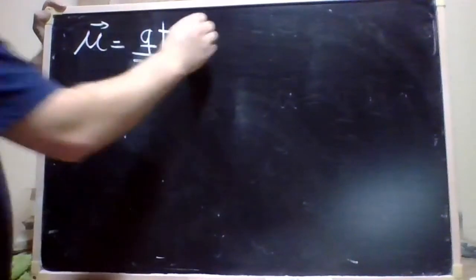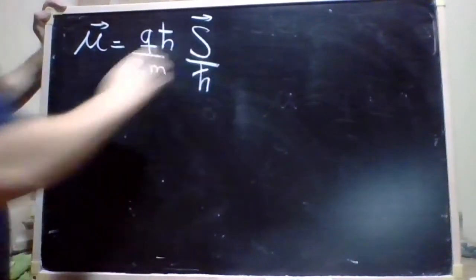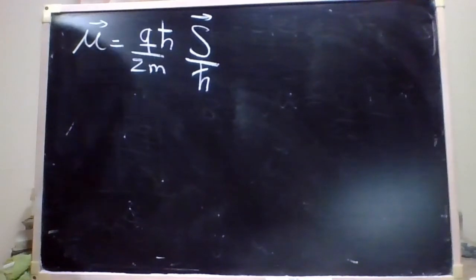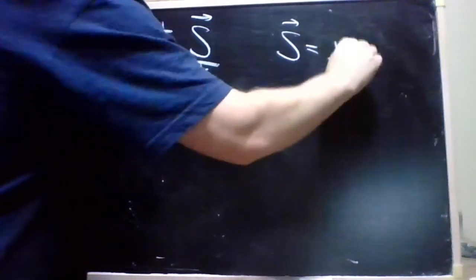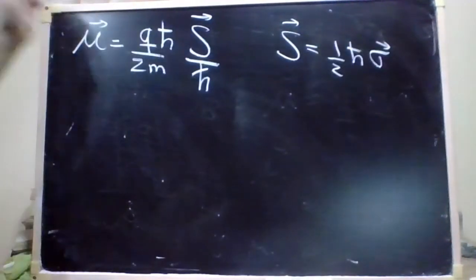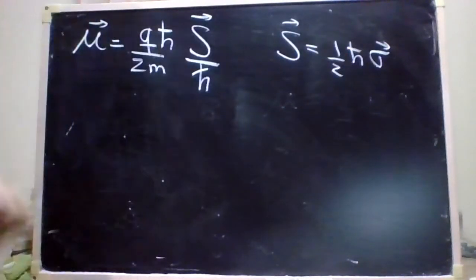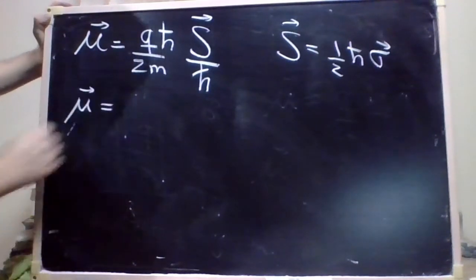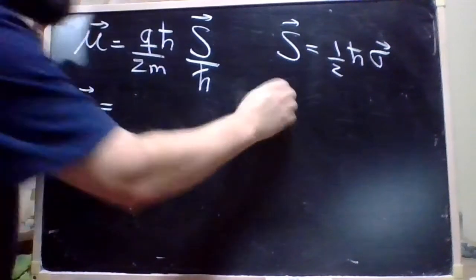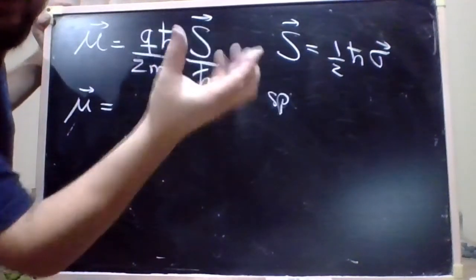So a dipole moment for spinning particles corresponds just to the charge divided by twice the mass. I can also put the h bar here, and the spin of the particle divided by h bar. But the spin of an electron is just 1/2 h bar the Pauli matrices. All right, for a quantum electron, this is the case. So you'll have the magnetic moment of a spinning particle, something like internally rotating, spinning.